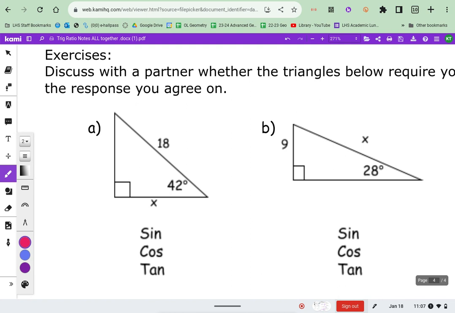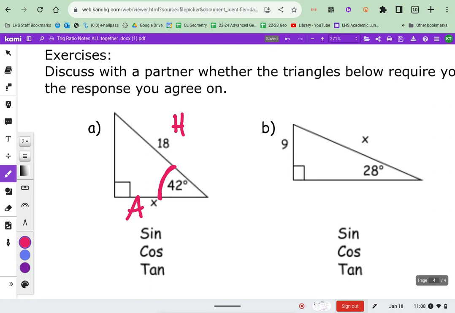All right, okay, so on A, first we're just going to identify, are we working with sine, cosine, or tangent? So it's always in reference to your angle, so we're doing this in reference to the 42-degree angle. So here we have the hypotenuse. We have 18 on the hypotenuse, so I label it H. And X is the adjacent side.